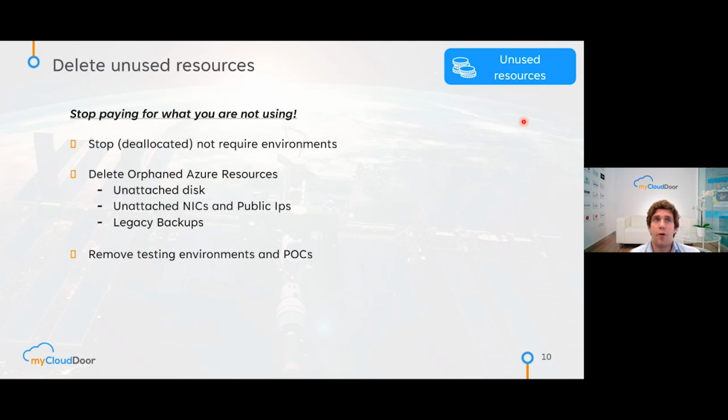People tend to forget that they have created this demo environment for something, and you are paying for that every day. And the same with what we call orphan resources. So resources that in the past were attached to a VM or other environment. You may have a virtual machine with an IP, with some disks, with some backups, and then they remove the VM, but they forget to remove all the surrounding resources.